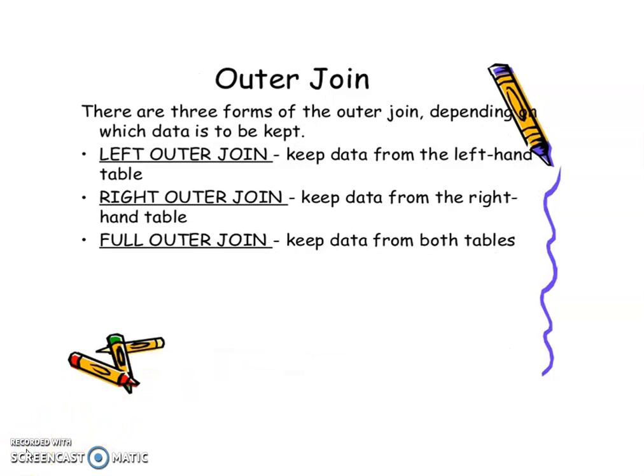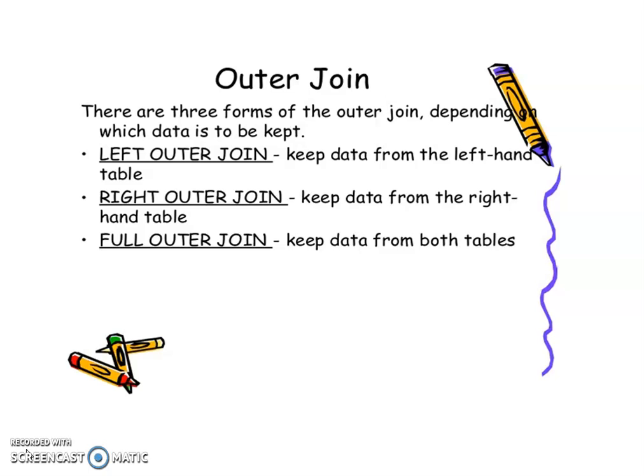Now next one is outer join. Notice that much of the data is lost when applying a join of two relations. In some cases, this lost data might hold useful information. Outer join retains the information that would have been lost from the tables, replacing missing data with null values.